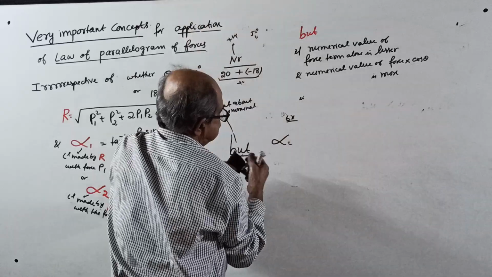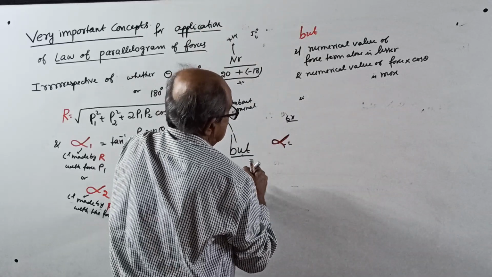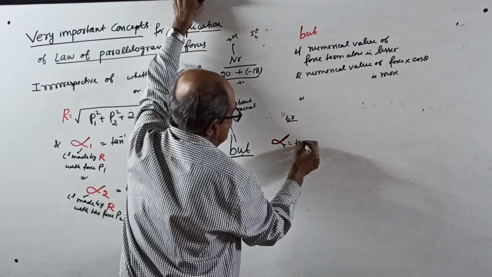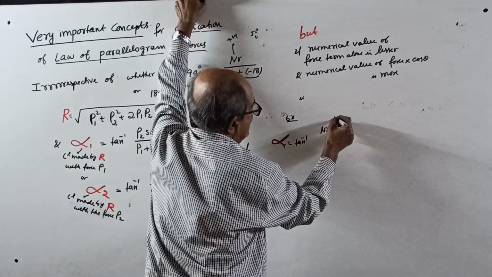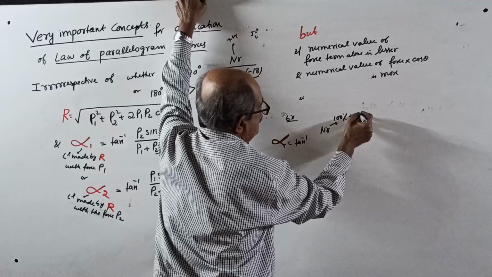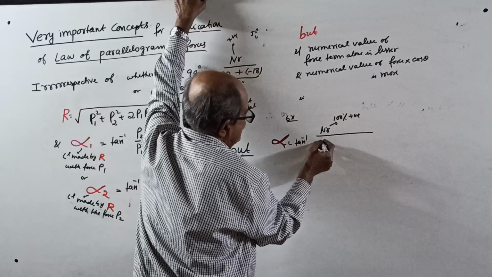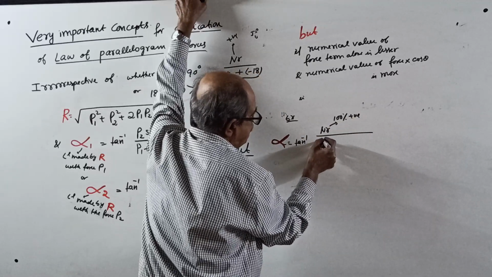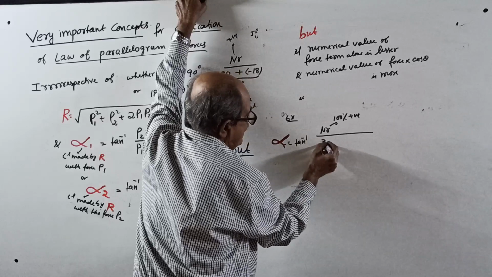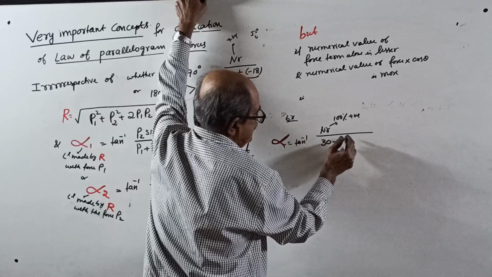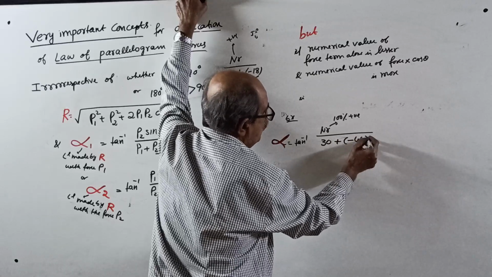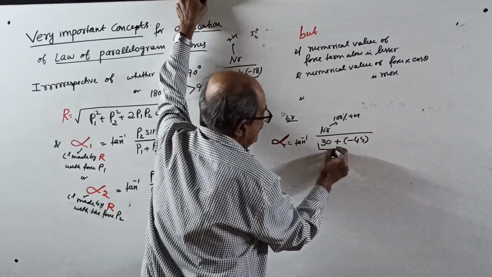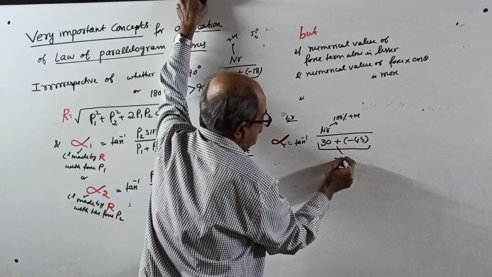alpha is tan inverse of the numerator, which is 100% positive. The denominator is 30 plus, see, plus minus 45. Therefore, this will be negative.